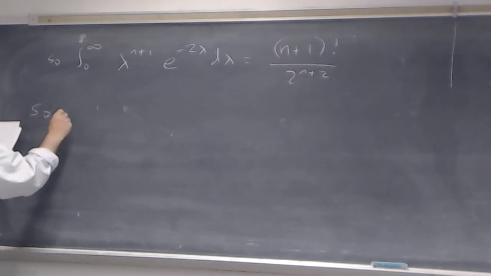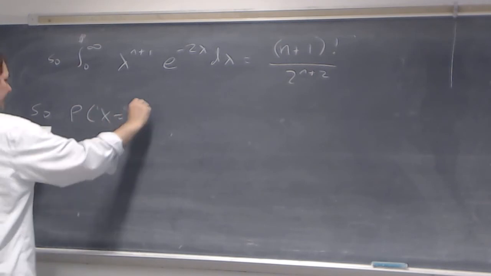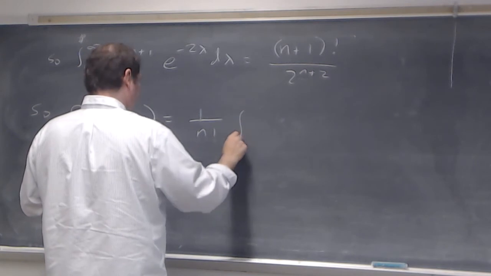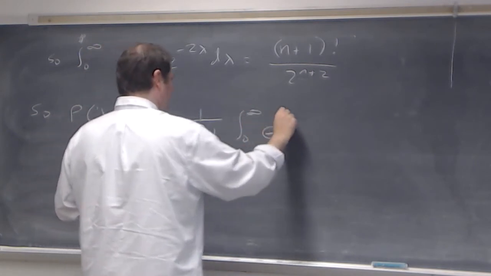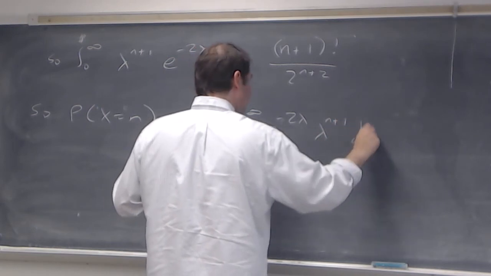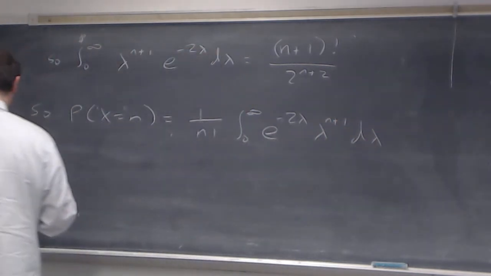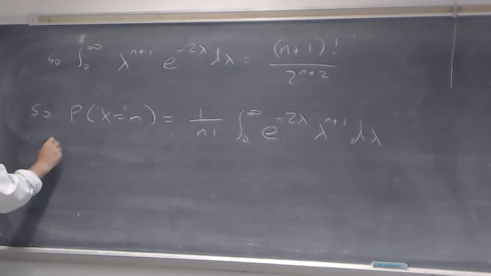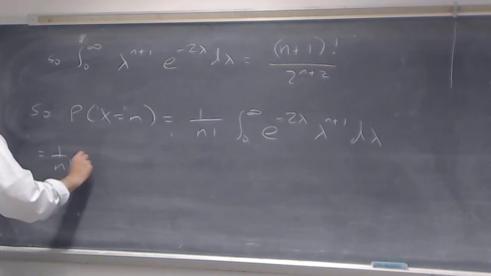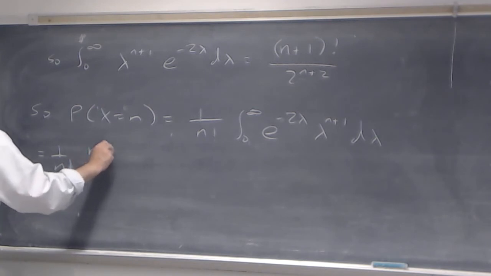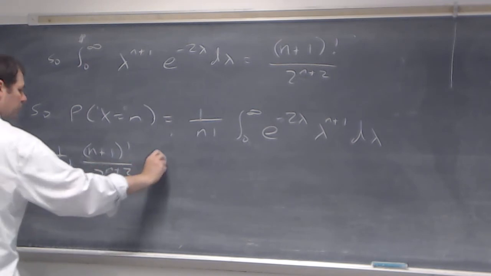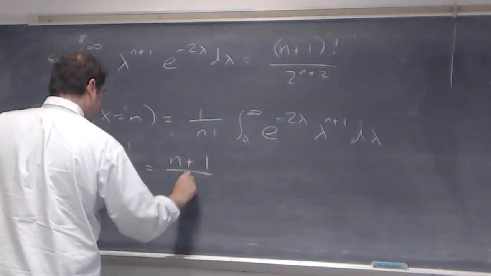So, our problem, which is the probability that x is equal to n, is going to be equal to 1 over n factorial, which is where we left off, times the integral from 0 to infinity of e to the minus 2 lambda, lambda to the n plus 1, d lambda. We just discovered what that integral is equal to, so this is 1 over n factorial times n plus 1 factorial over 2 to the n plus 2, which is equal to n plus 1 over 2 to the n plus 2.